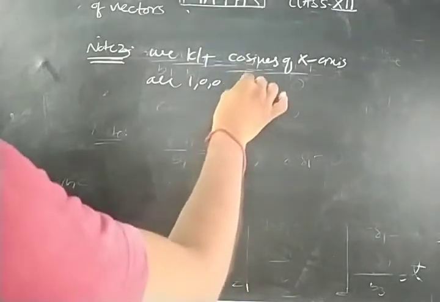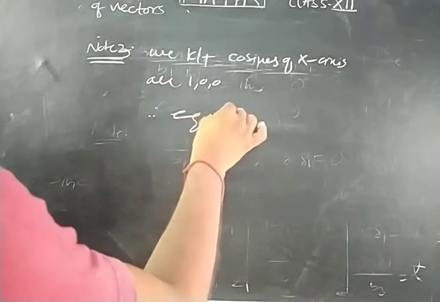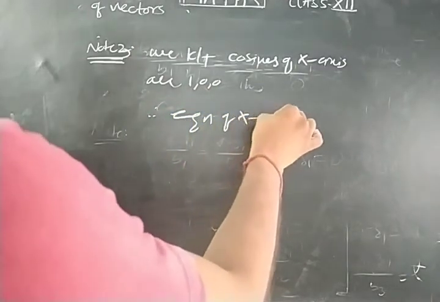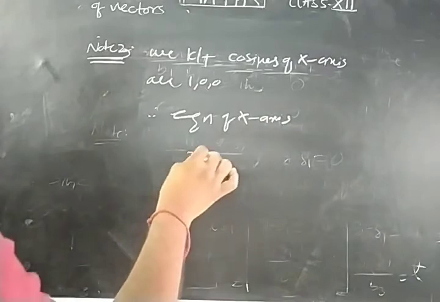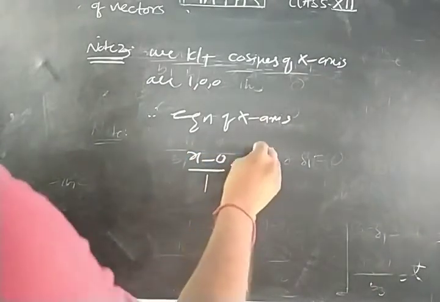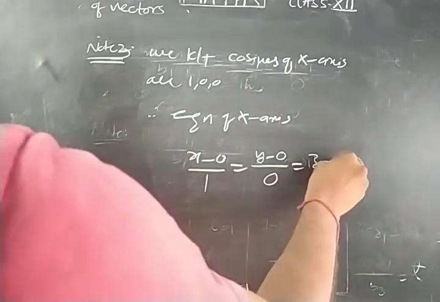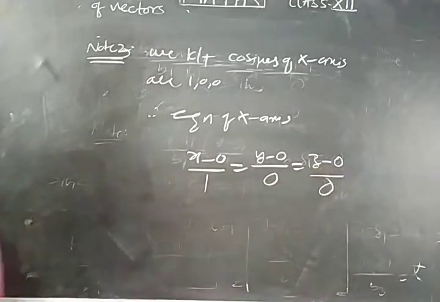Therefore the equation of the x-axis in Cartesian form will be x minus 0 by 1, y minus 0 by 0, z minus 0 by 0. Why? Because 0, 0, 0 is the origin.